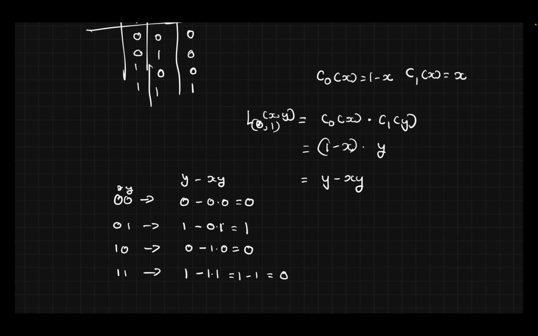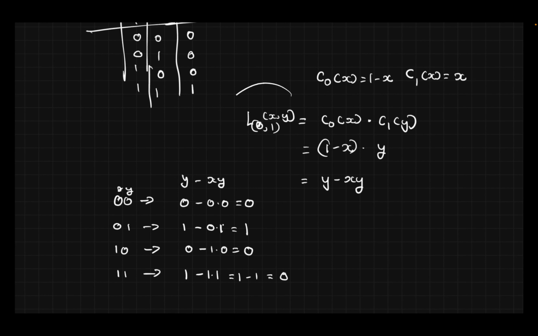No. This is a function. If you take 0, 1, it's going to give you 1. If you take any other thing in the Boolean, it's going to give you 0. I'm just showing you that it actually does what we say it does. Okay, makes sense.